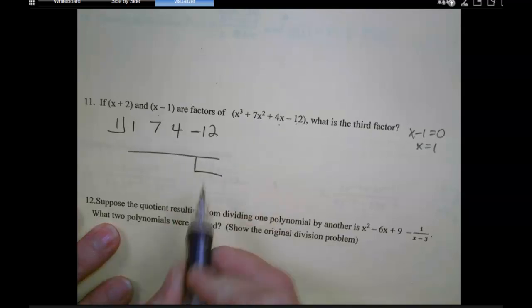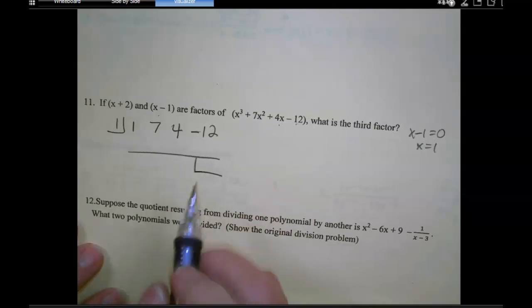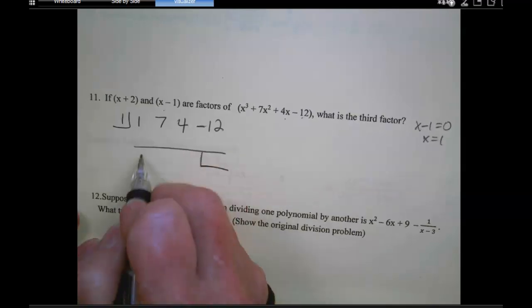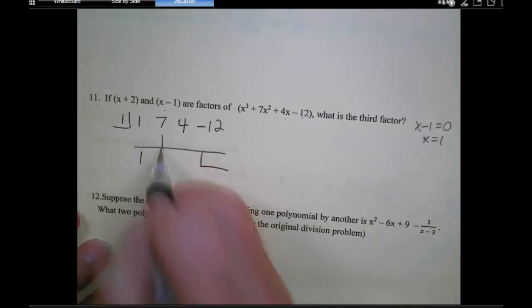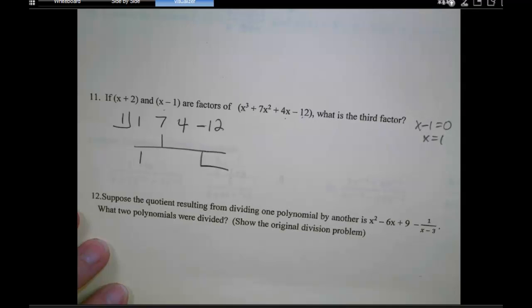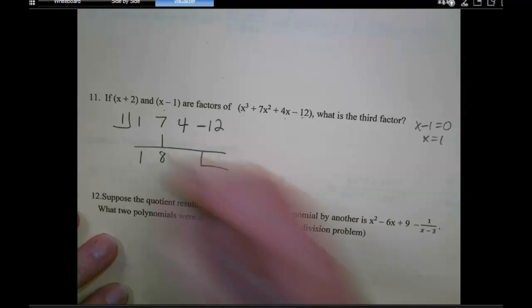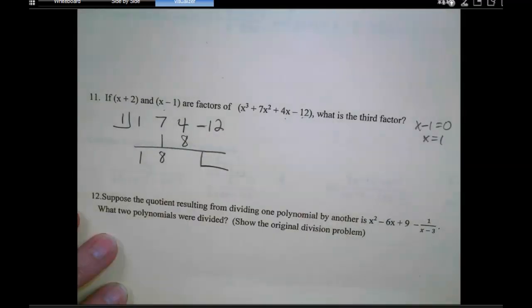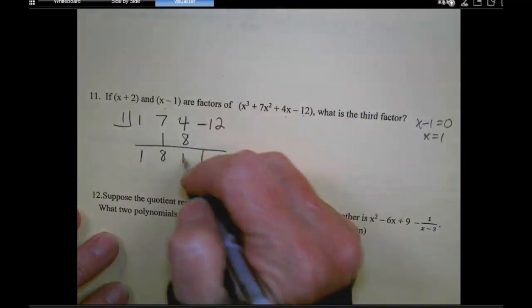And this right here is my remainder. And what should my remainder be if it's a factor? All right, so I'm going to bring down the 1. When I multiply, I put it here, bless you. And then I do 7 plus 1, which gives me 8. 8 times 1 is 8. 4 plus 8 is 12.